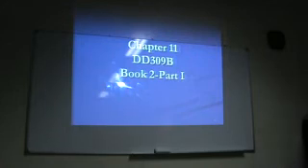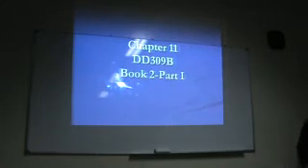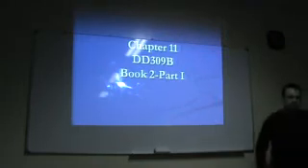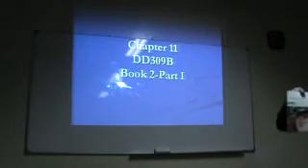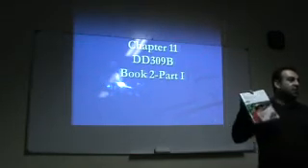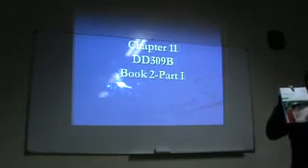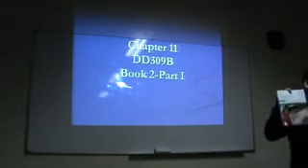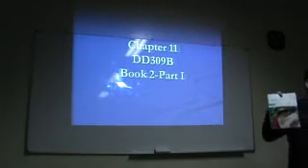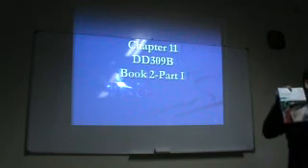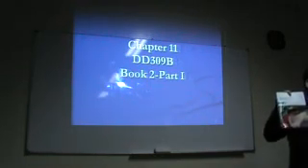Okay, chapter 11, DD309B, book 2, part 1. This is the book, and since we are going to have some graphs, please, since some graphs are not available on the slides, they are in the book, you need to bring the book with you, all of you.